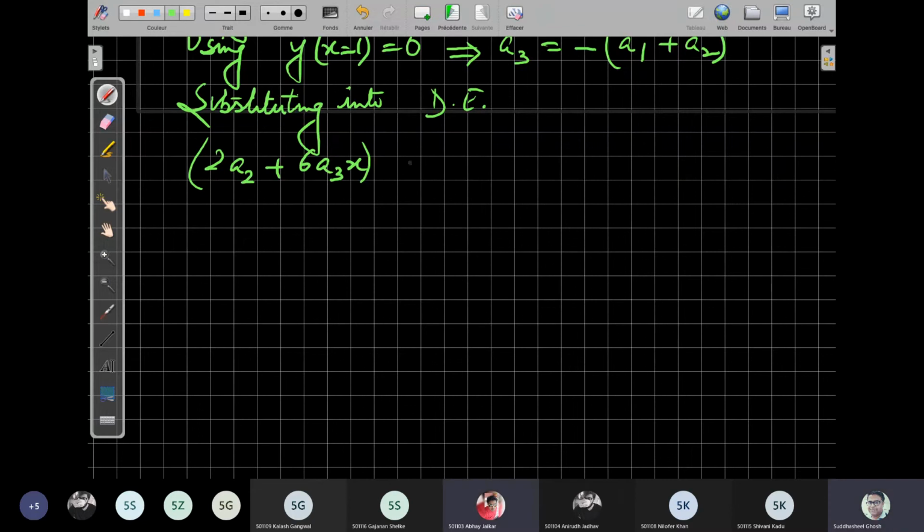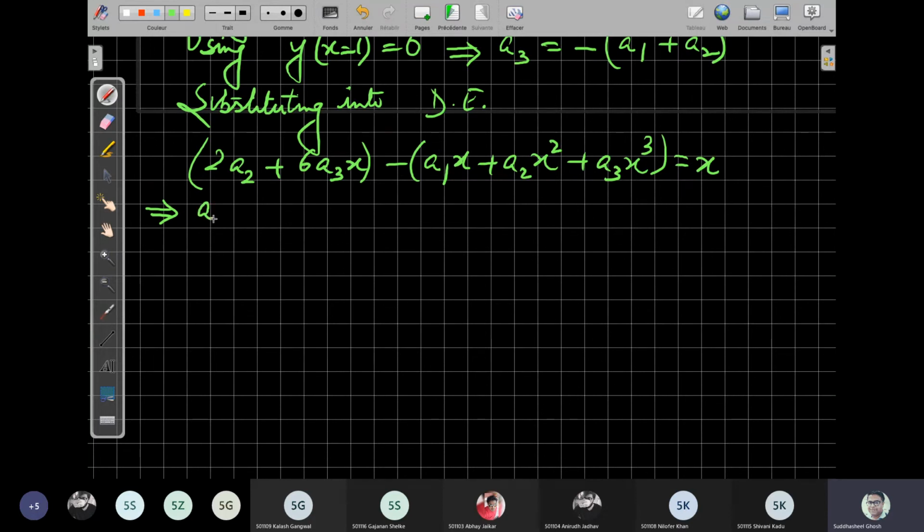Okay. Then what we have got: minus a1x plus a2x square plus a3x cube, and that is equal to x, isn't it? Let us try to collect all the terms.